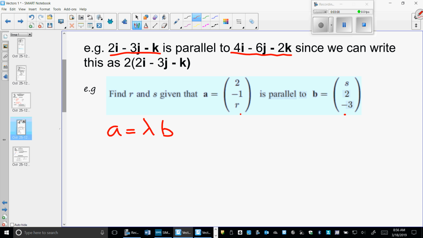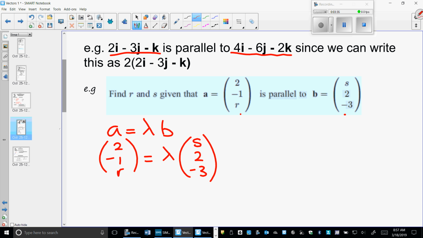So (2, -1, R) is equal to something multiplied by (S, 2, -3). I've just used this lambda symbol, which starts popping up in vectors. Don't panic, it's just like an x or a y, or a beta.